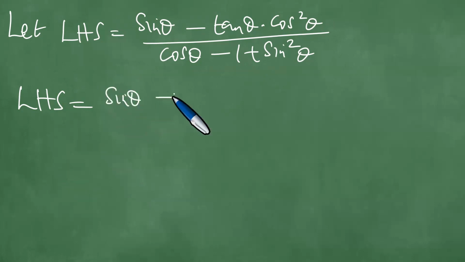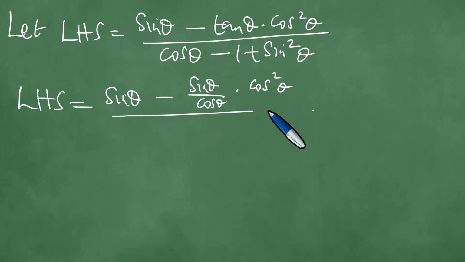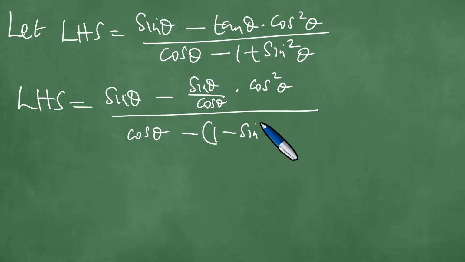Well done. We know that the tangent of theta is sine theta over cosine theta, but we also have this one, which is cosine squared, and we divide everything by cosine theta. Then next, what do we do with these things here? This one here is 1 minus sine squared.